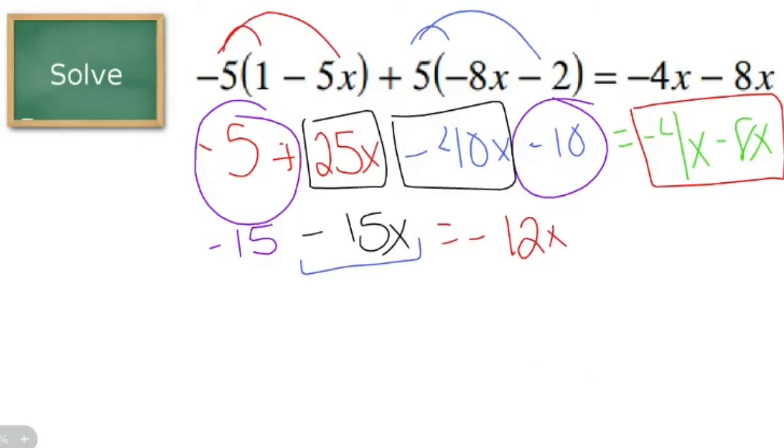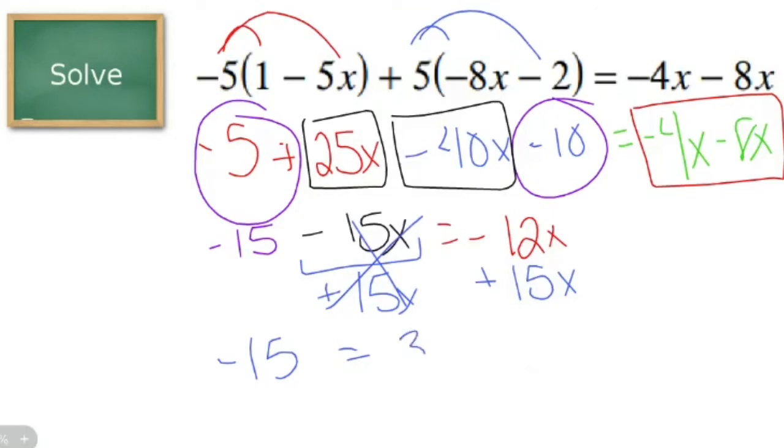But if I add 15x to both sides, the -15x is going to go away, and when I drop things down, I have -15. So -12x plus 15x is 3x, and the rest of the problem is not so bad.